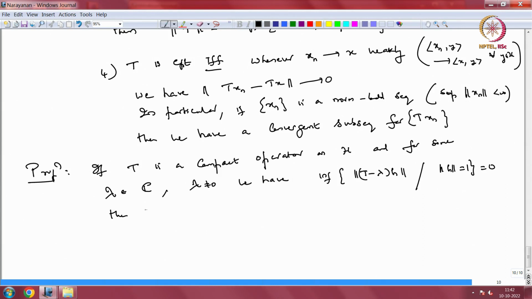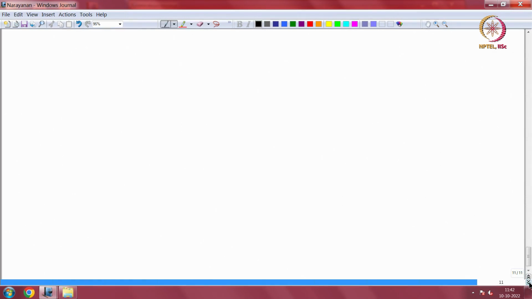Then lambda is an eigenvalue for T, okay. That is, there exists x in H such that T x equal to lambda x. Of course, in that case the infimum of this quantity we are looking at is obviously 0. So, this is sort of a converse of what we have. Okay. So, let us see.